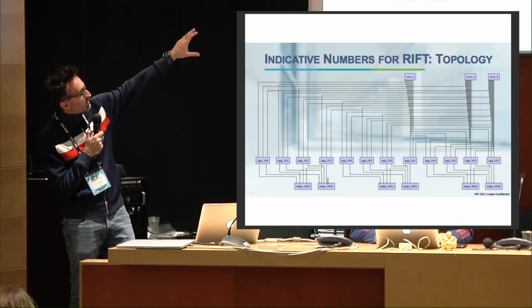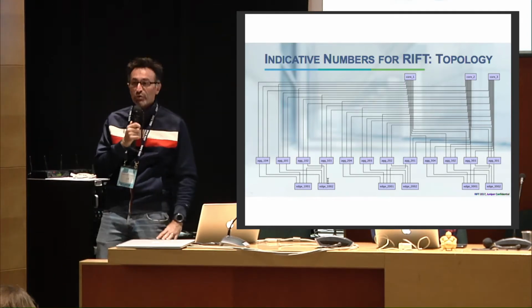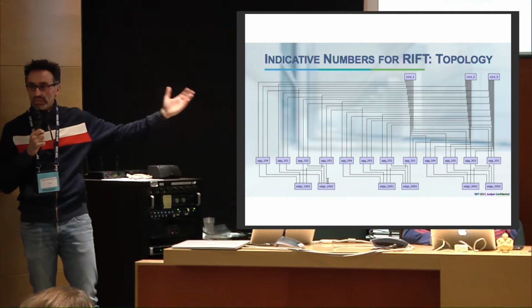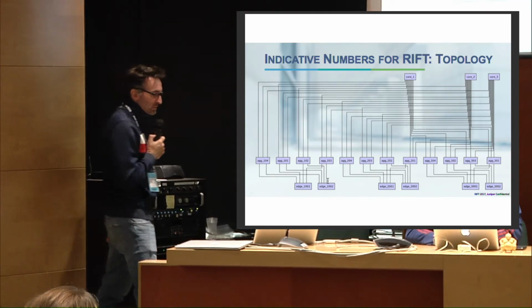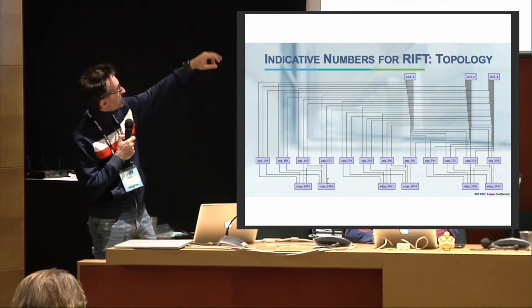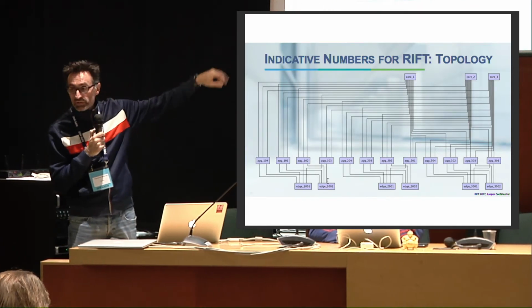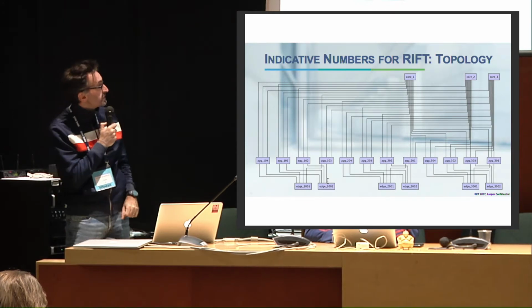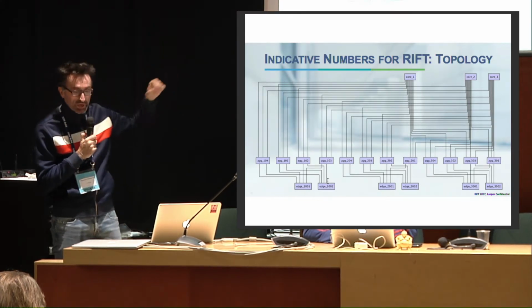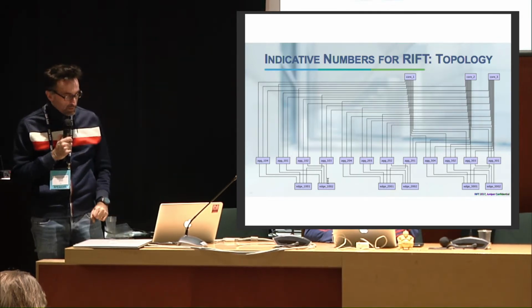Those are some topologies that the creator of Rift is using to test the binary code that I mentioned. So we have 3 pods. Each pod has 4 aggregation switches, and at the leaf level, we have 2 leaves on each.